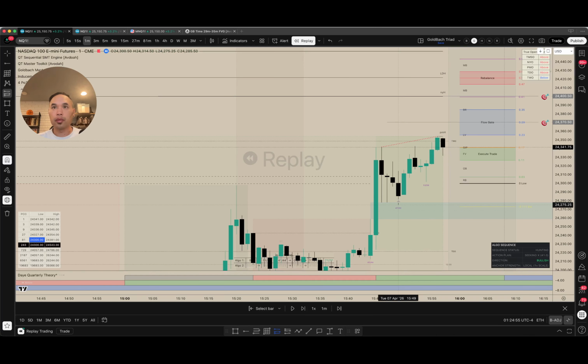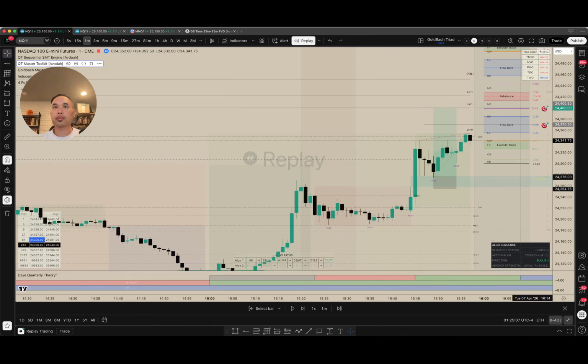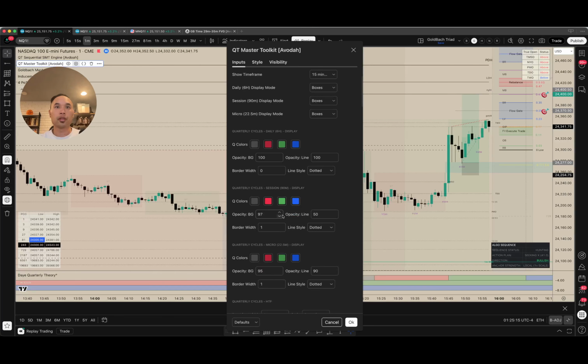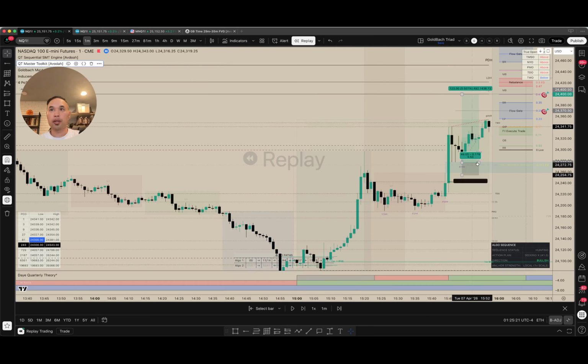So let's talk about this trade and why I was pretty confident that we were going to go higher. Not only the Goldbach levels of what I just shared with you, but let's look at the actual quarters. Let me turn this off for a second, the 90-minute quarters, and just leave the 22-minute quarters right here.